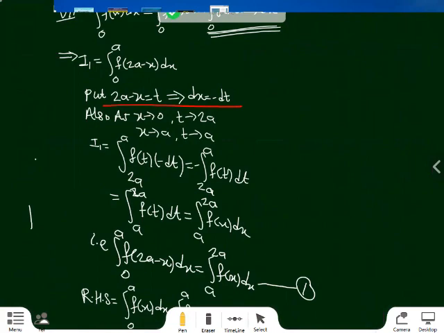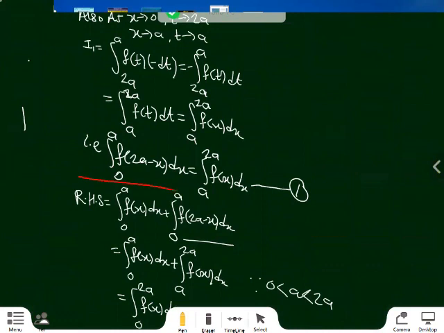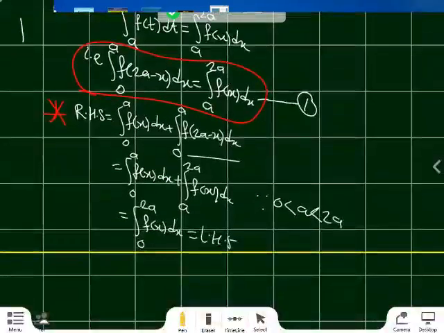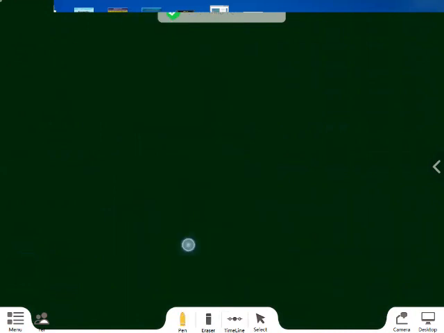After that substitution and applying the property, we get the value of integral 0 to a f of 2a minus x dx equals to integration from a to 2a f of x dx. Now putting this value in RHS, we get the LHS of the given property, and hence the proof of property number 7.